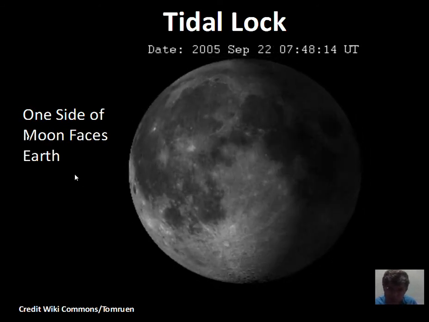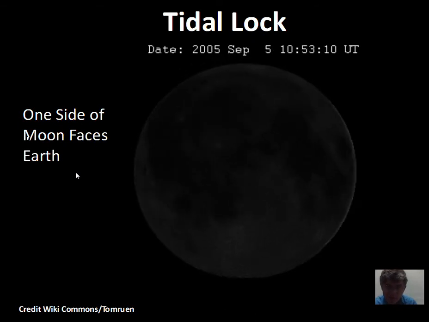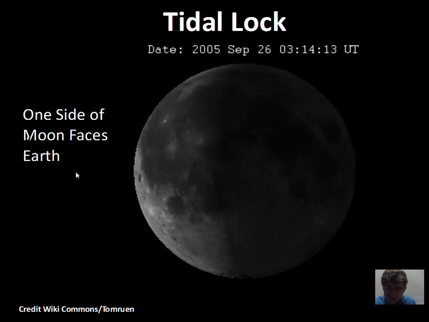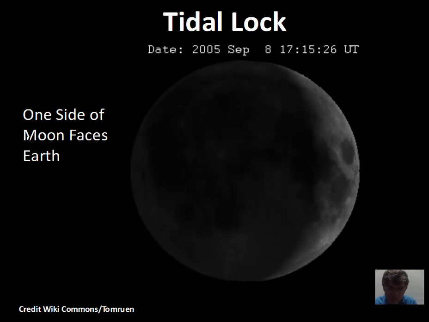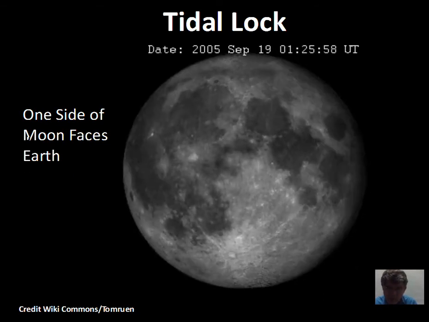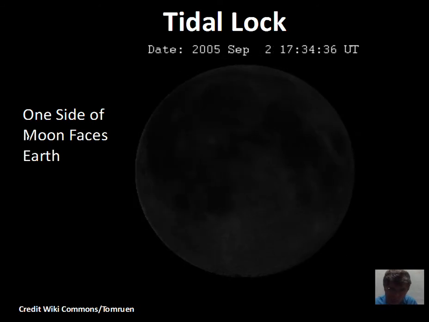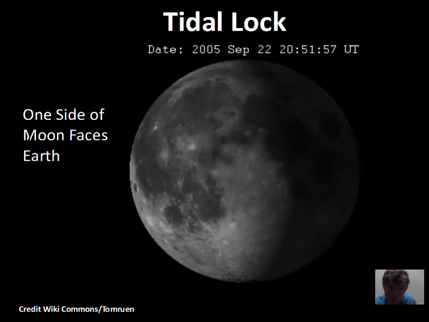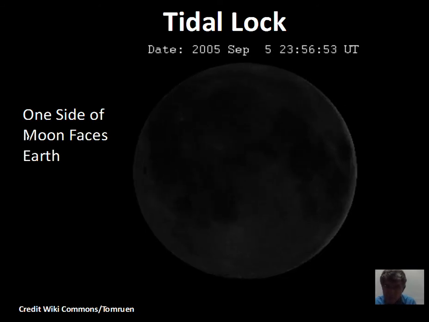The moon is tidally locked, so it spins once on its axis for one orbit as we view it around the Earth. Tidally locked because of the Earth's gravity, not allowing this, and football shape is complete exaggeration. The moon is not distorted that much, but a little bit of football shape.